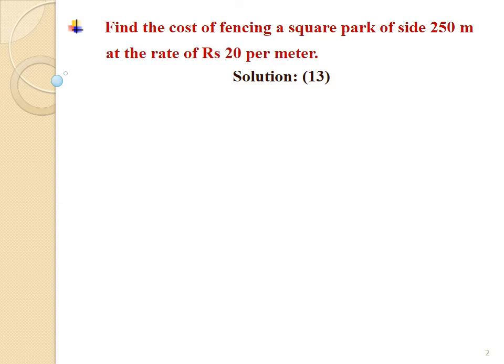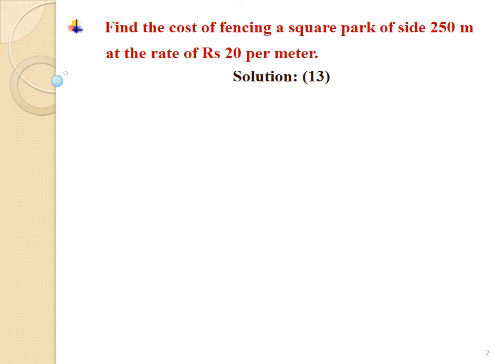Students, in this question, we have to find the cost of fencing a square park, and we have been given the side of the square park, which is 250 meters. We have also been given that the cost of fencing is rupees 20 per meter, that is rupees 20 for 1 meter.